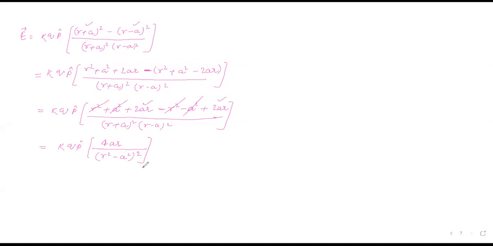Are you clear? Now we are going to arrange these terms first. How can we arrange them? k, q, p. 4ar can be written as 2a into 2r. Are you understanding or not? It is possible.